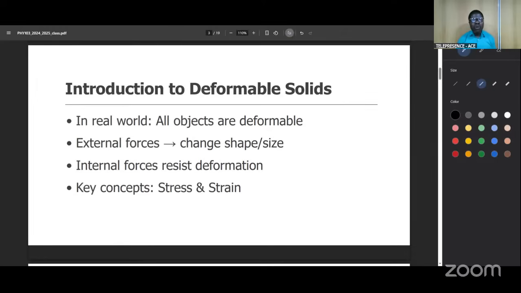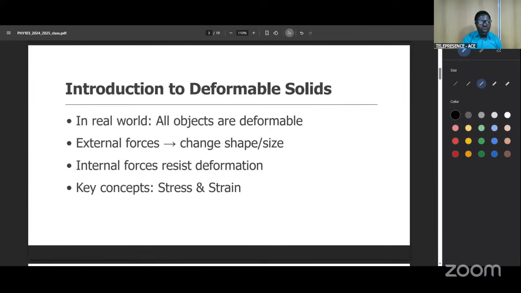If deformation takes place, it is the responsibility of the internal forces to restore the material to its original shape and size once the external force is removed.